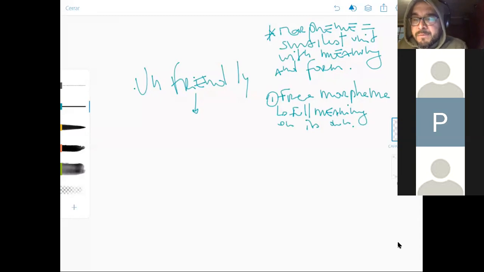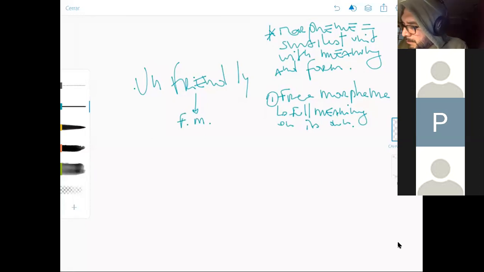A free morpheme does not require any other element in order to be understood. Like for example, friend. I have friend, and then I activate that idea in my head, and I don't need anything else. Therefore, that's the free morpheme. So I'm going to write down an arrow, and then I'm going to add F, M, free morpheme.